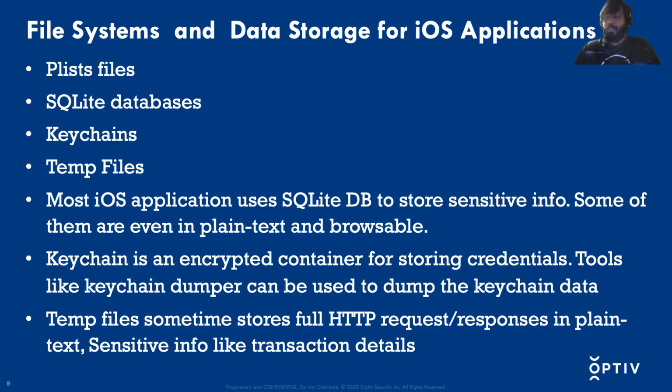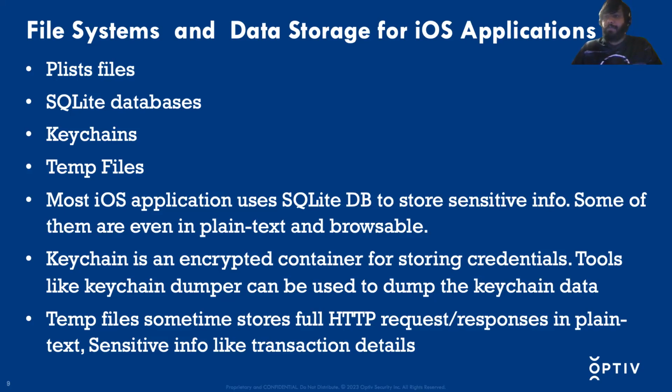Once you access the local storage of the iPhone, you can grab this database from the device and explore it. And many of the times, the values stored in the database are completely plain text. These values are not even encrypted. So an attacker can obtain a lot of sensitive information from the database.